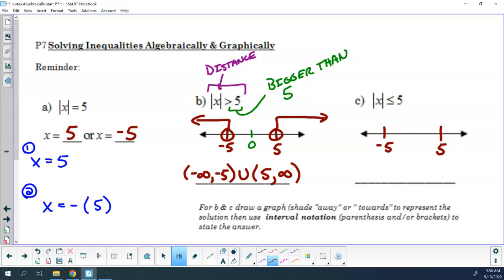So would that be inside or outside? Inside. That would be our inside one. Now we would have filled in dots. Look like that. Interval notation for this one. Look like that.